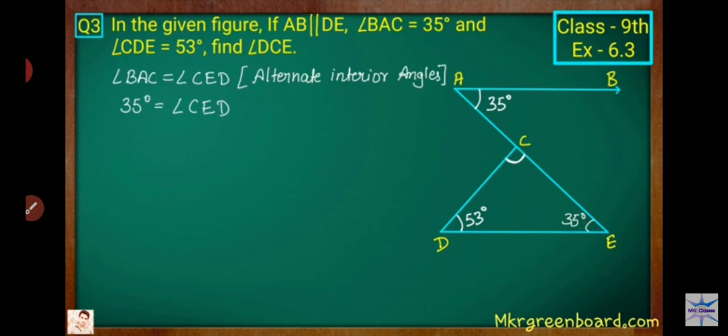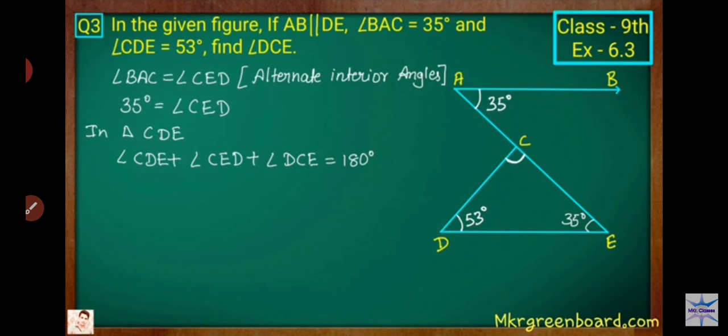Now this angle we know. See, this becomes a triangle. CDE is a triangle. Now we apply the angle sum property of a triangle. In triangle CDE, which are the angles? Write down angle CDE plus angle CED plus angle DCE is equal to 180 degrees.